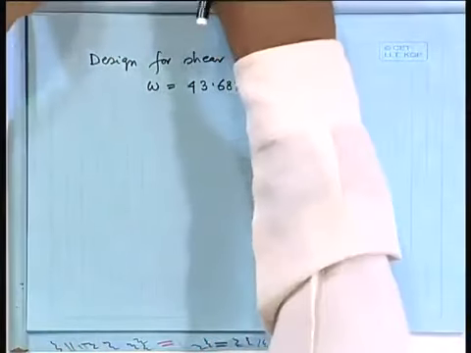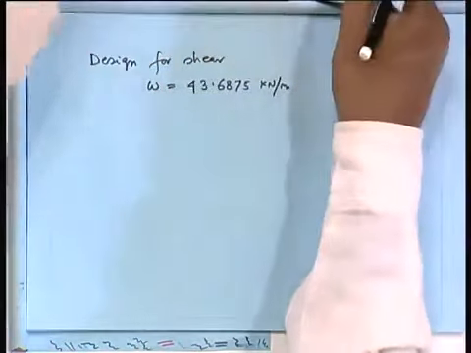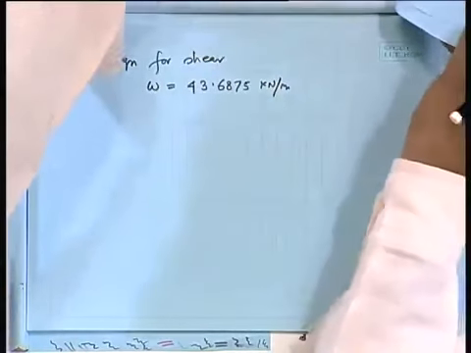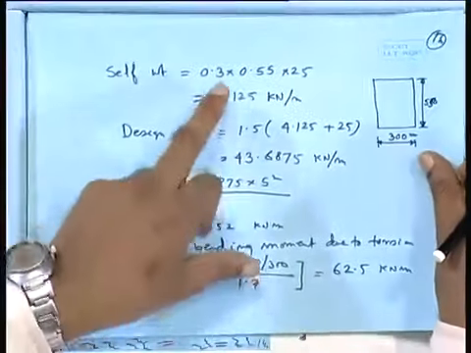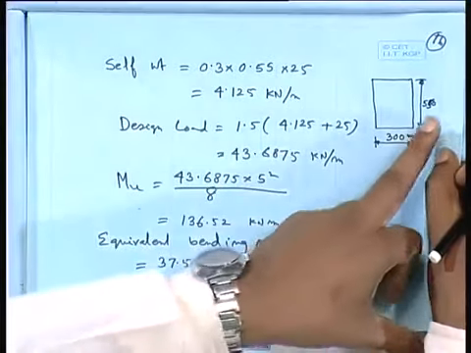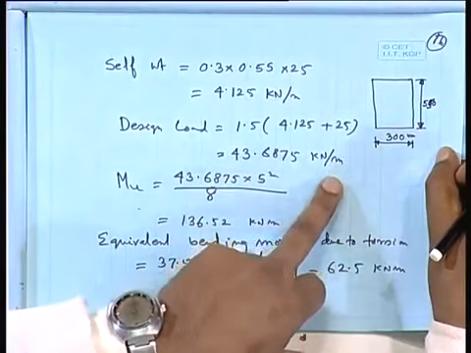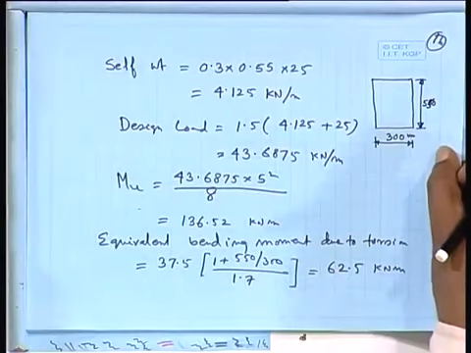Am I correct? That value, let us go back and let me show you, because whatever we have calculated, I think it is here. Because after taking the 300 by 550 we have got 43.6875 kilonewton per meter, that is the one. So that one we shall take here for calculation of the shear force.